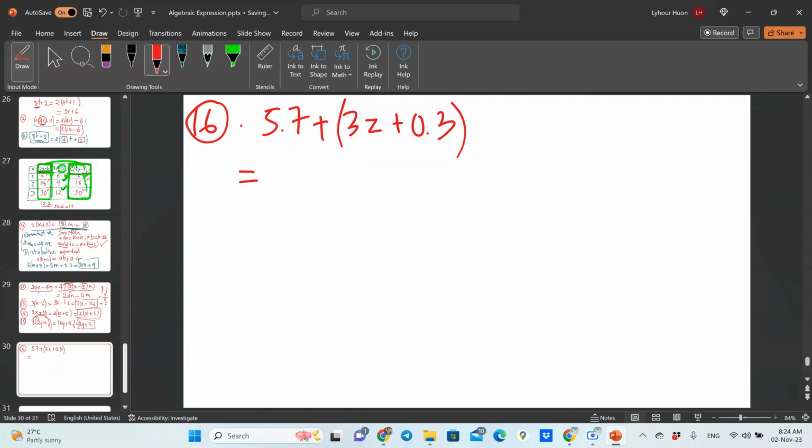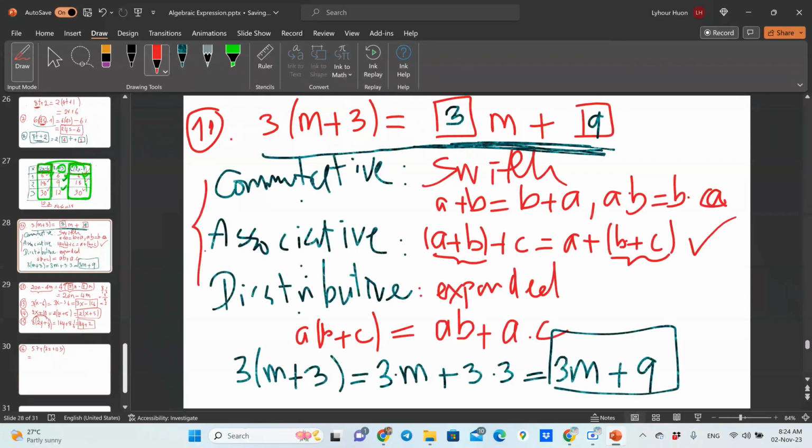Distributive. Because we're opening the brackets, aren't we? No. Distributive is where we expand by opening the brackets and simplify.